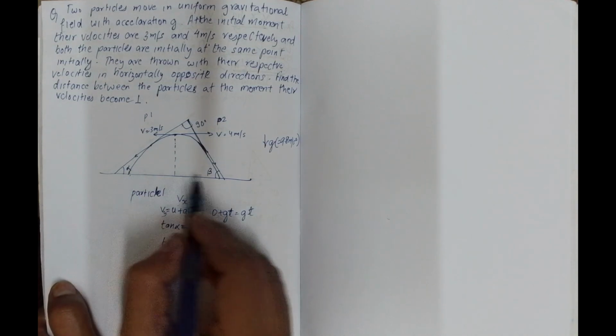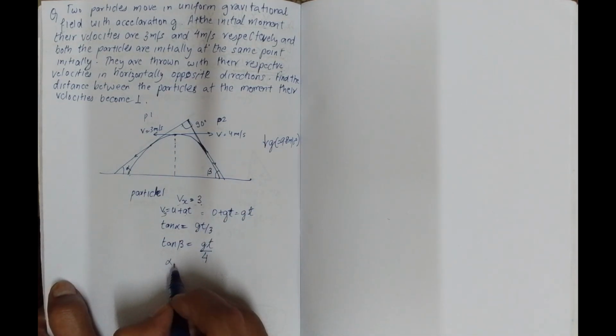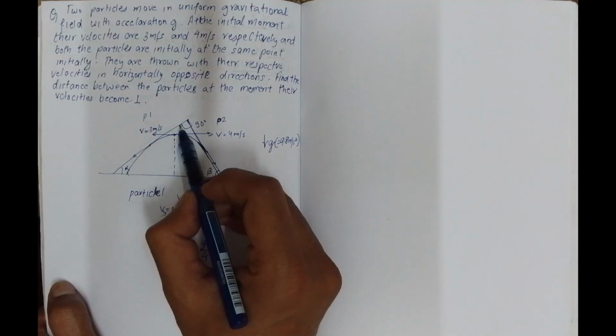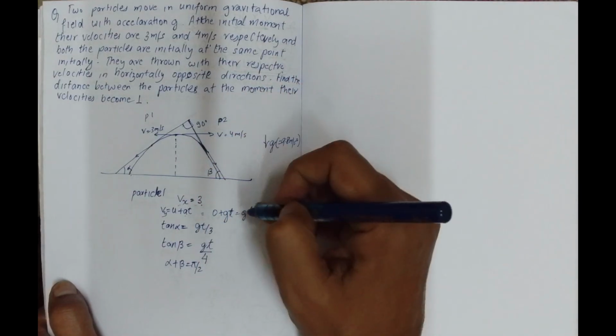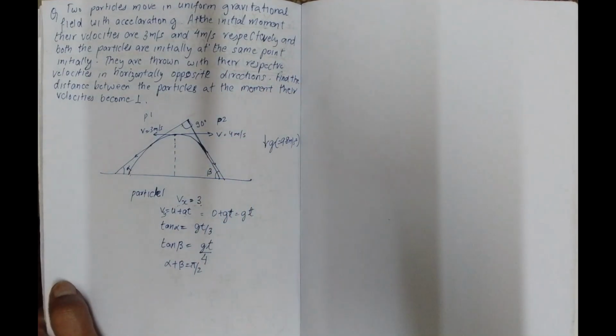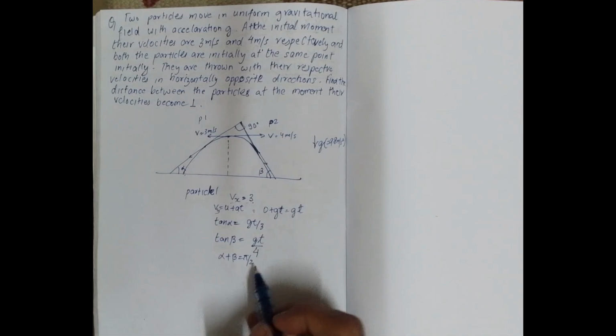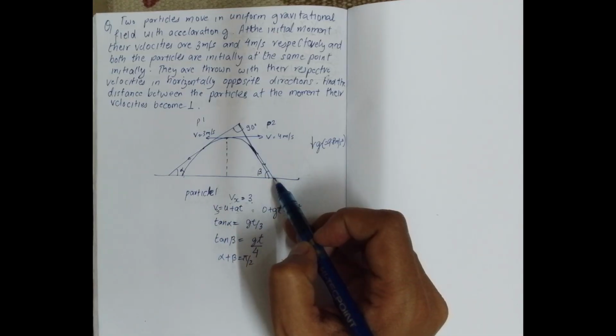We also know that alpha plus beta is equal to 90 degrees, because if you take a look at this triangle, alpha plus beta will be equal to 90 degrees. Why? Because this is a right angle triangle, right?